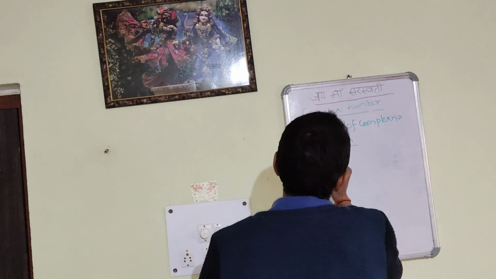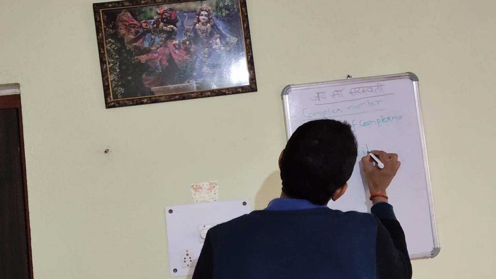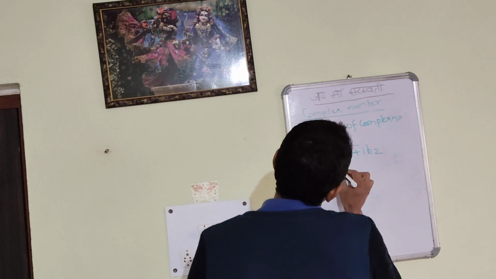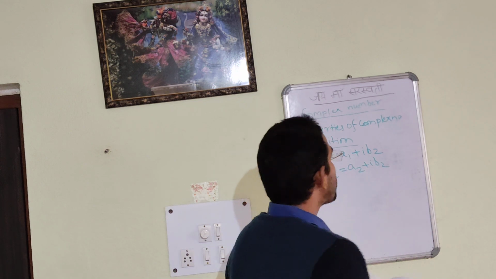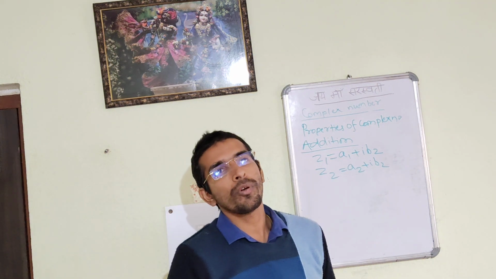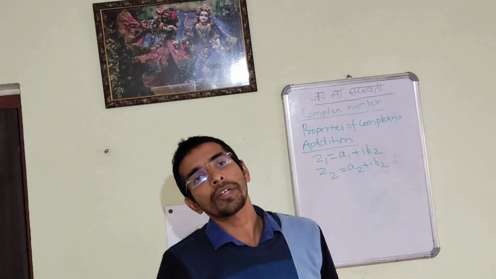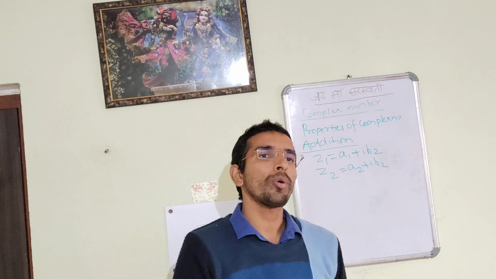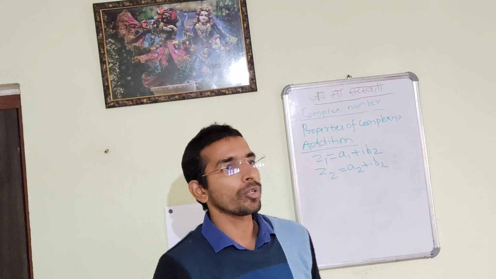Suppose z1 is equal to a1 plus ib1 and z2 is equal to a2 plus ib2. If we have to add these two complex numbers, first and foremost we have to add the real parts of both the complex numbers together and the imaginary parts of both the complex numbers together.